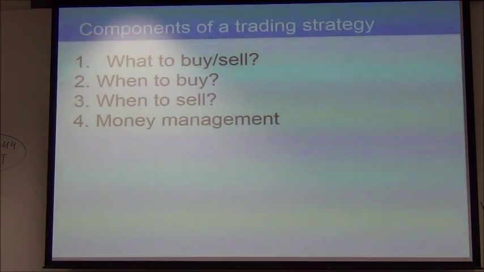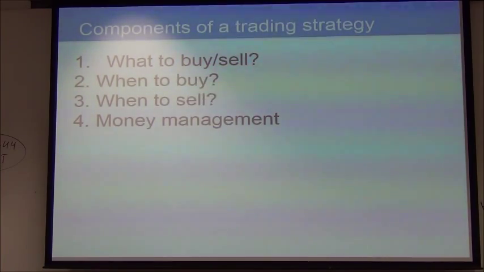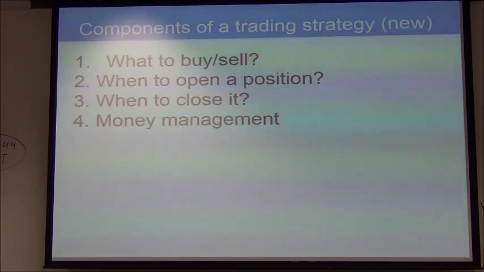And there is one slight change in this slide which I would like to make. Last time we had, on the second step, when to buy, and on the third step when to sell. Actually now I changed that to when to open a position and when to close that position.